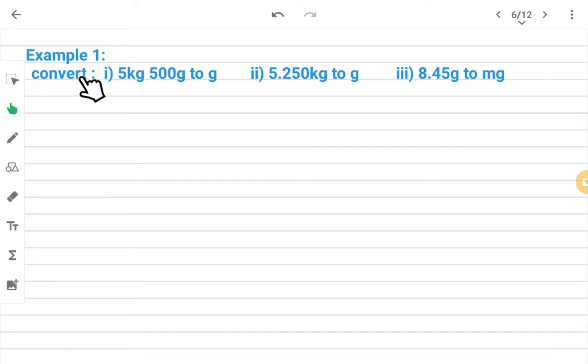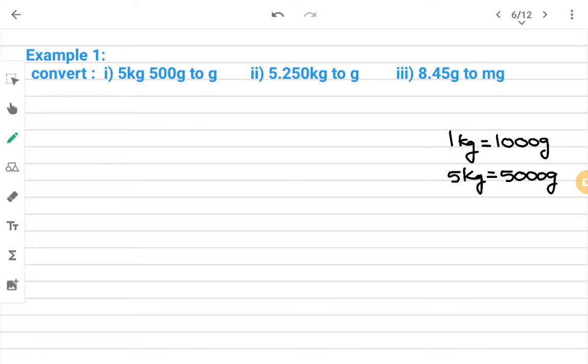Example 1. Convert 5 kilogram 500 gram to gram. We know that 1 kilogram is equal to 1000 gram, right? Here they have given 5 kilogram. So 5 kilogram is equal to 5000 gram.